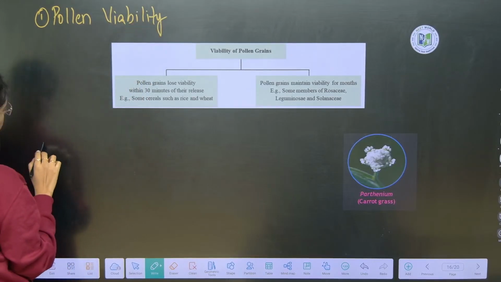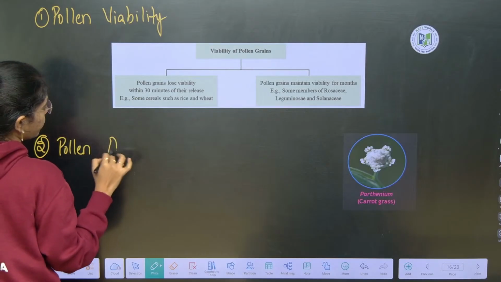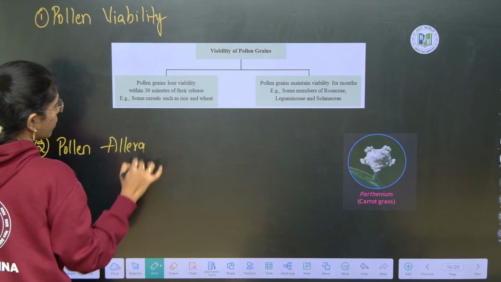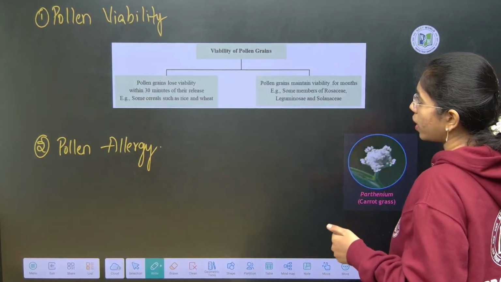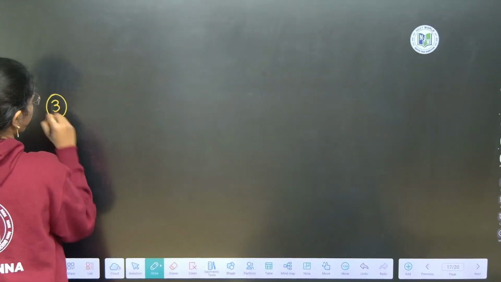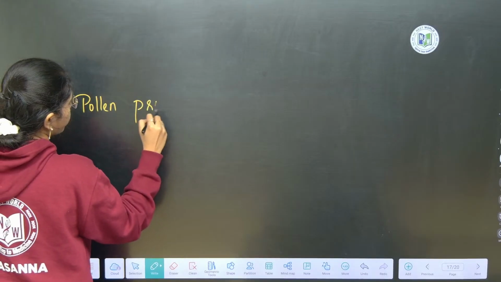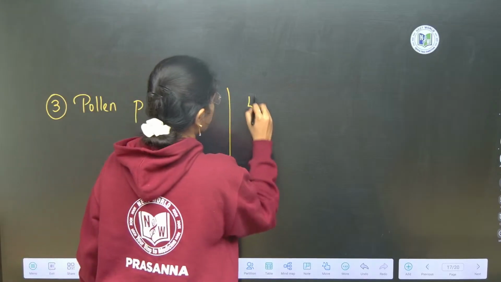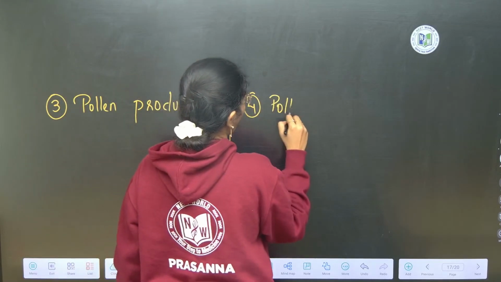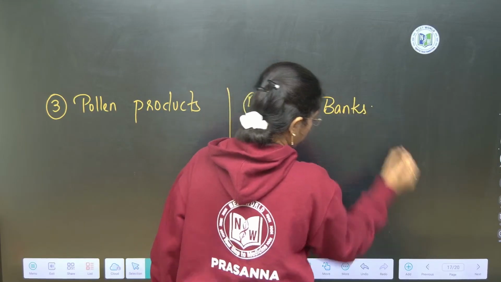Second will be pollen allergy, followed by pollen products and pollen banks. These are the four concepts to be addressed here after the structure of pollen grains.